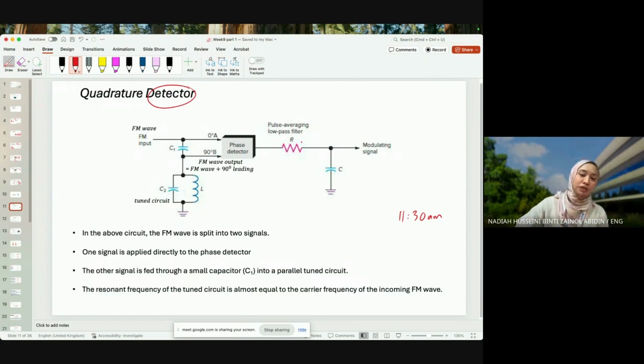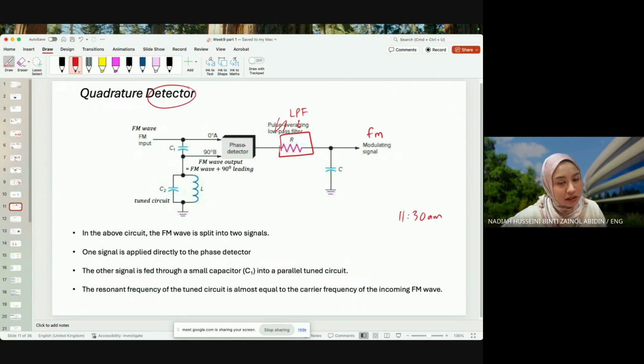So for the quadrature detector, you can see that we have an FM input, and then we have a phase detector, and then this guy is a pulse averaging low pass filter. So let's just call it LPF, low pass filter, and we can just make it a box. You don't have to think too complicated about it. Just assume that this guy is a low pass filter, and then you would get FM over here.